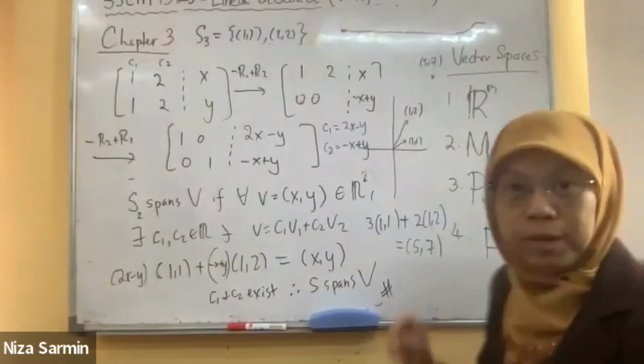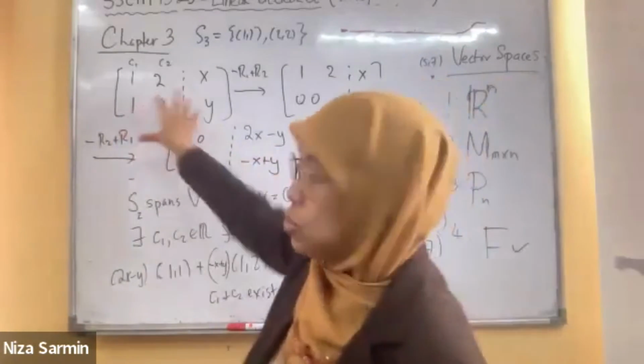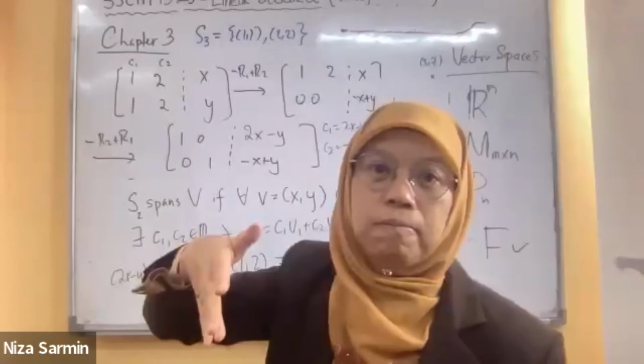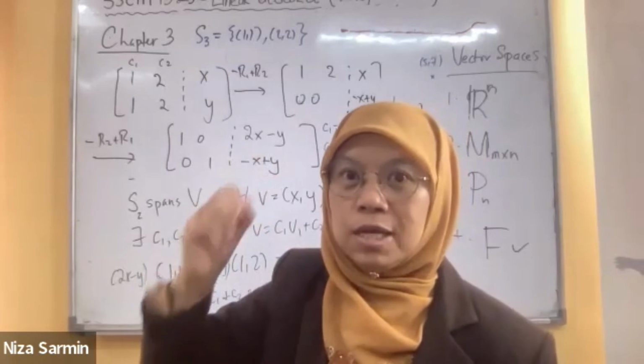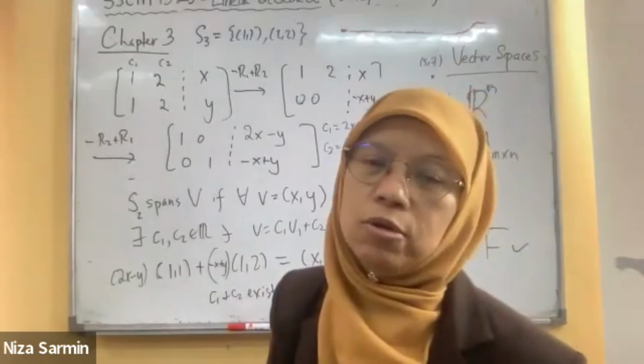Okay. Polynomial, right? When we take the coefficient, when we want to solve, it's still in this matrix form. So the key is to understand for Rn, then you will understand for all.